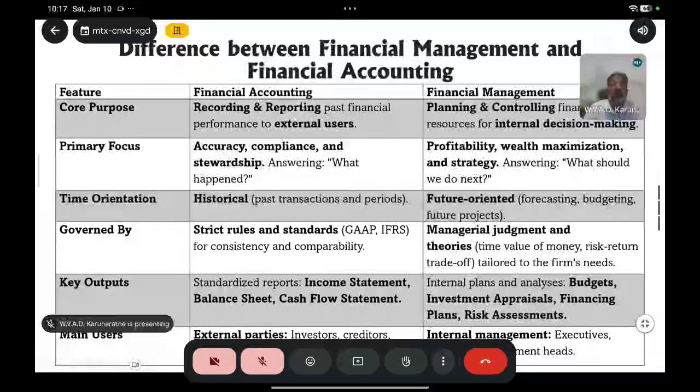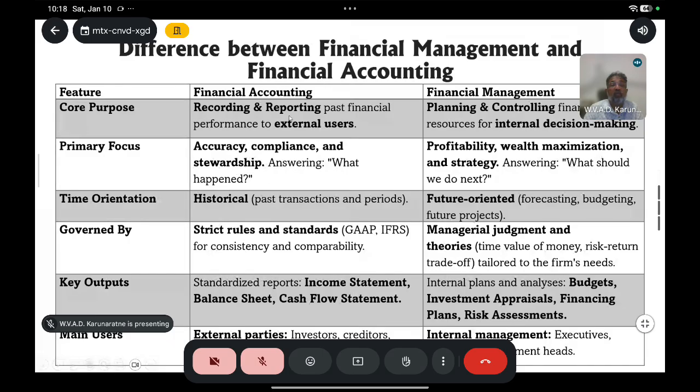Financial management is planning and controlling financial resources for internal decision makers, managers and employees.